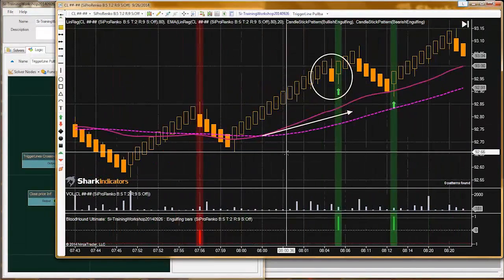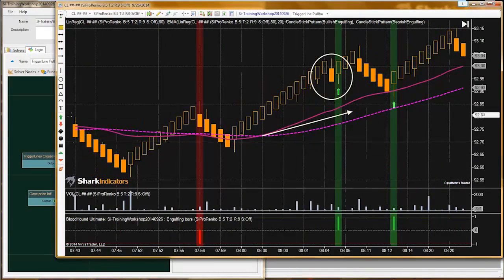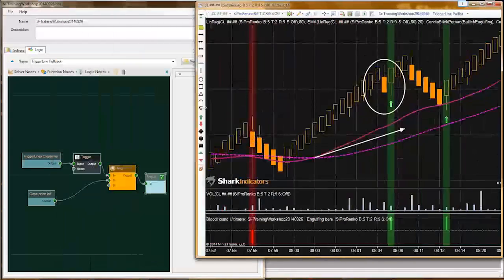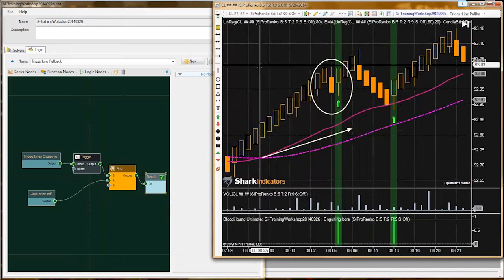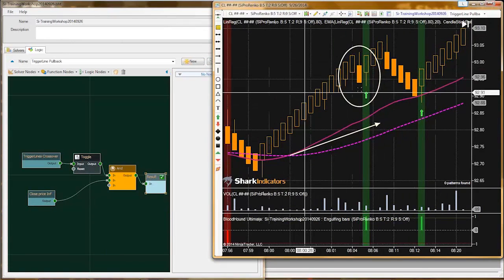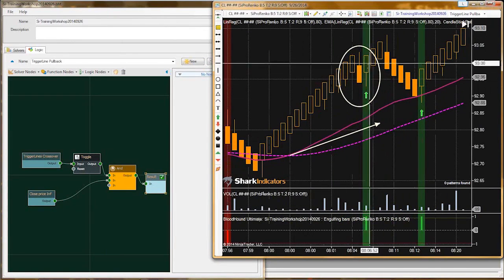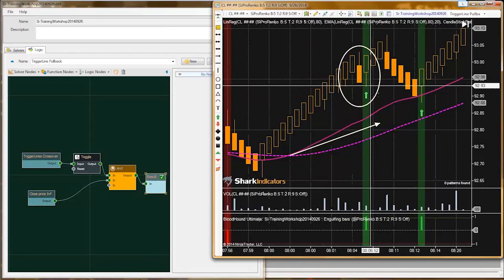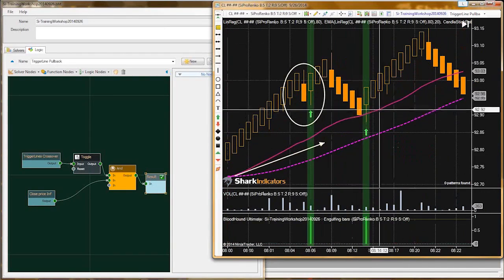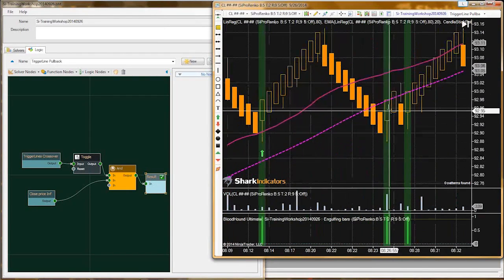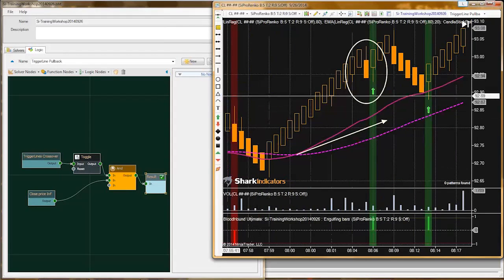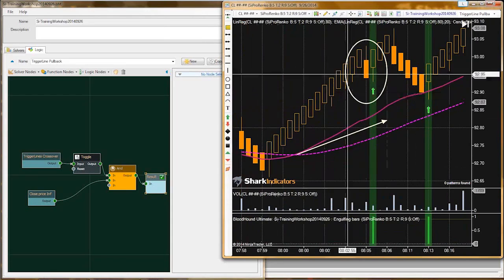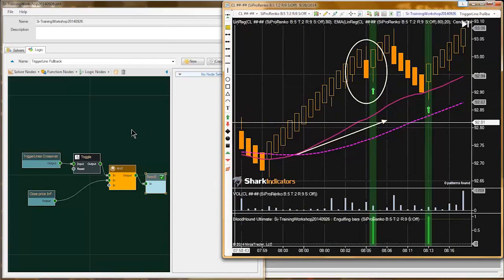However, going back to this, let's say you may only want to take this first pullback trade, right? So you don't want to take the second pullback or this third or fourth. You just want to take the first one, right? I think typically the first pullbacks are usually the most reliable.